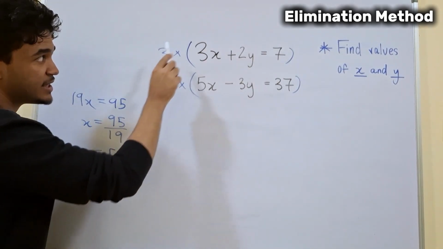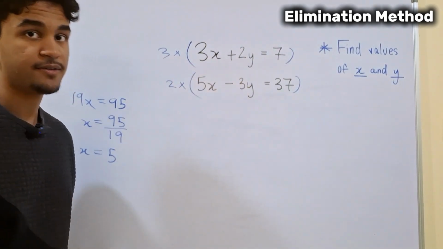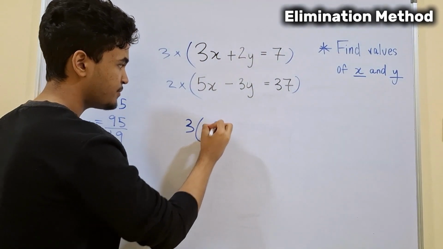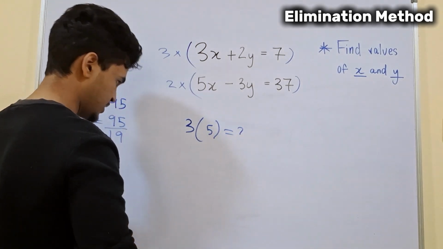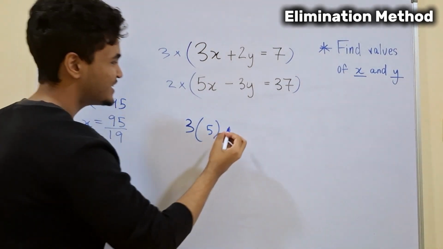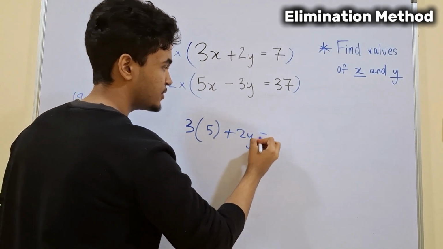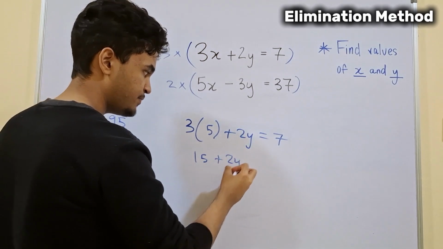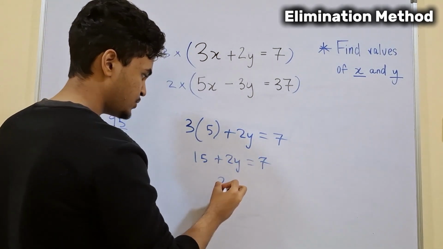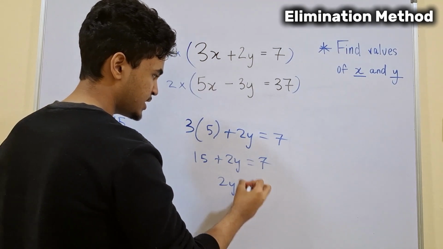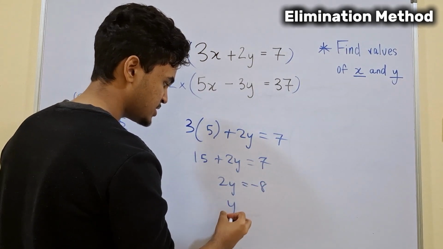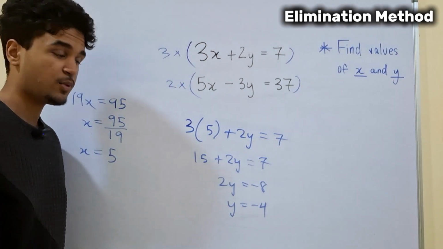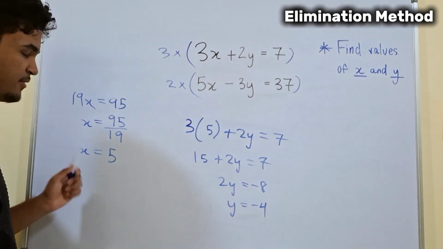So we're going to substitute this into this equation so that we can find the value of y. 3x is 5, so 5 plus 2y equals 7, which is 15 plus 2y equals 7, and 2y equals 15 goes here, so it's negative 8. So that means y is negative 4. So the values we got for x and y are 5 and negative 4.